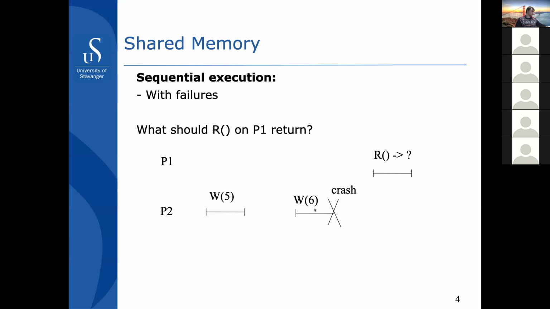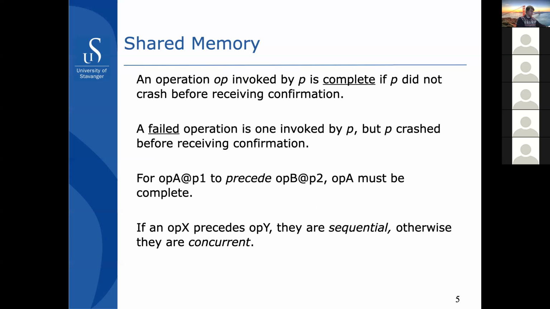So what is the correct thing to do here? To answer this, we will see what happens in the algorithms. But this is just an illustration to show why this is a challenge.